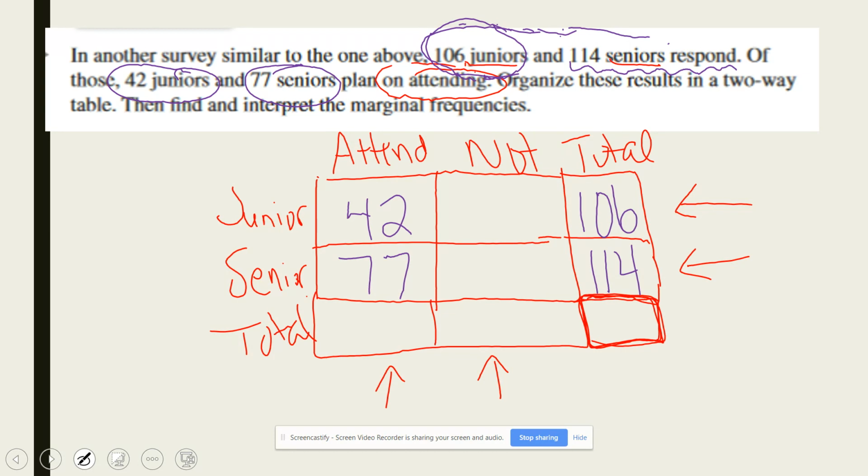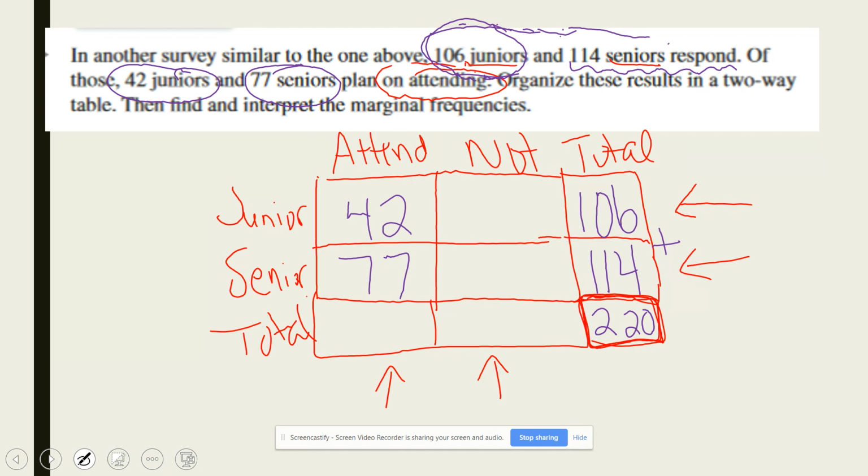Now we can fill in the rest of the table. I know my grand overall total from adding the total juniors and the total seniors is going to be 220.